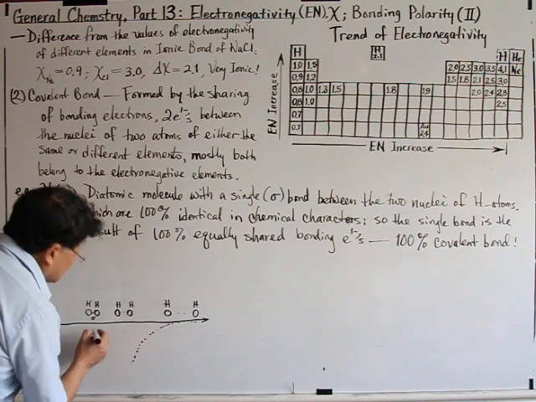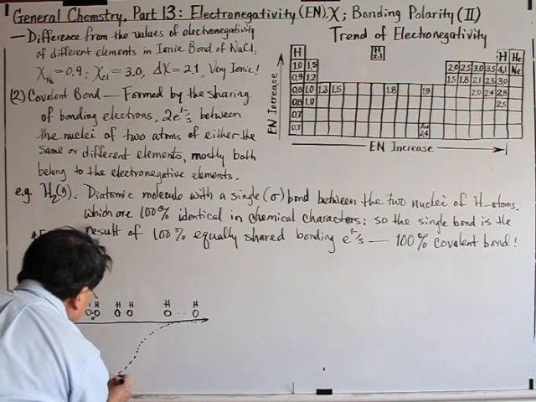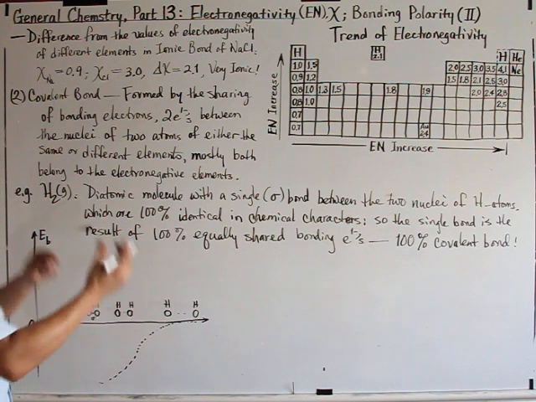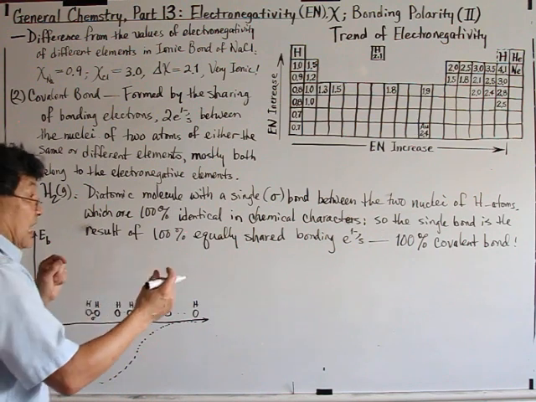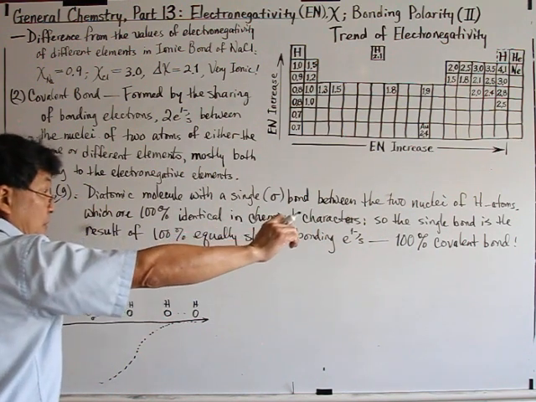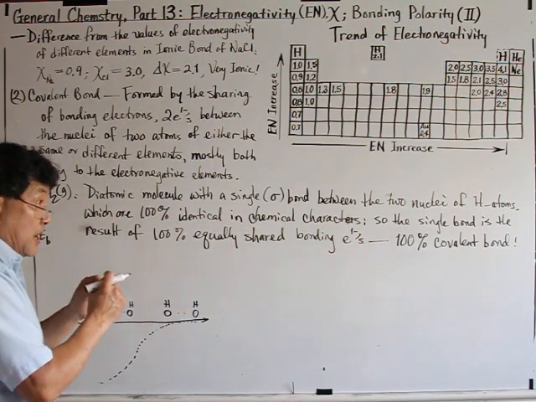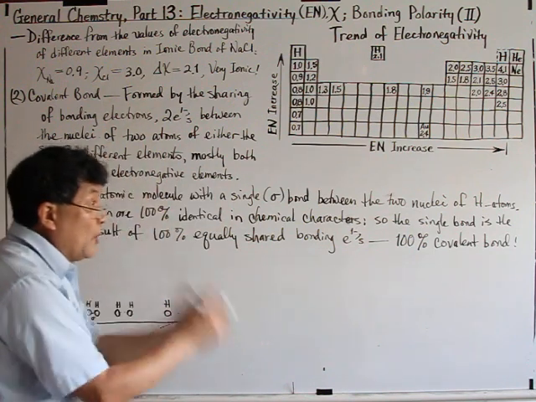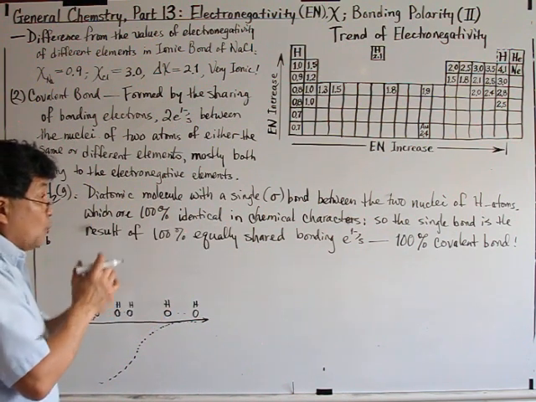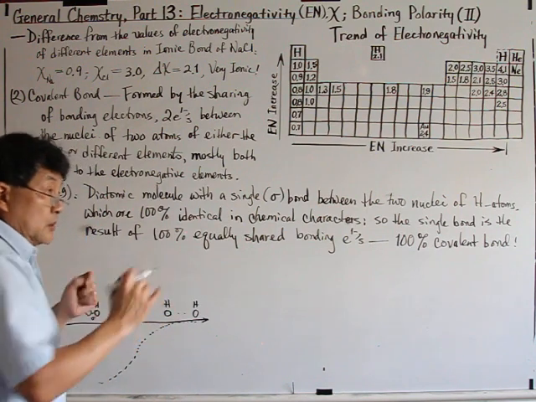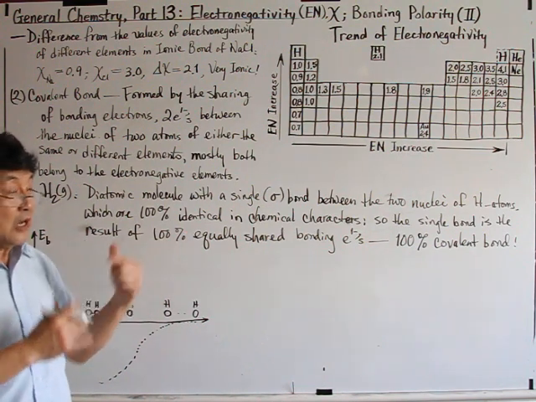We do not call it a compound because it has only one element. And then the energy level of the whole system with two hydrogen atoms at a certain distance: the two nuclei are supposed to repel each other, but now the bonding electron pair comes in between them at an equal distance from the two nuclei, and has attraction toward the positive charge, the proton of each hydrogen atom, which is the nucleus.